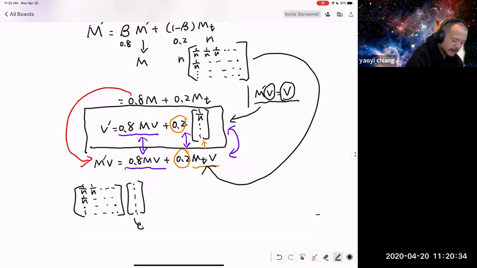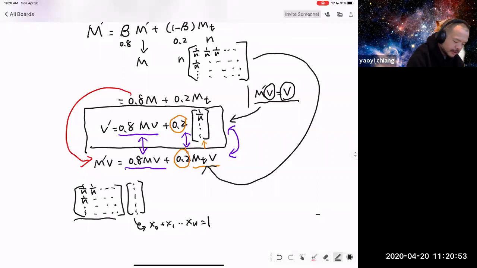But there's a constraint on your V. So what is that constraint? Every component in V, let's say the first component is x0, the second component is x1, up to xn, because you have n components in your V vector, will need to sum to 1, right?